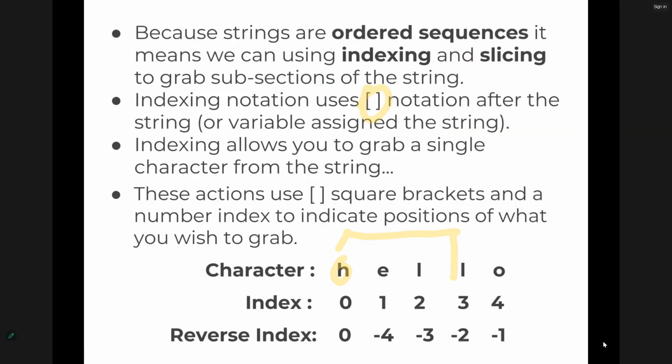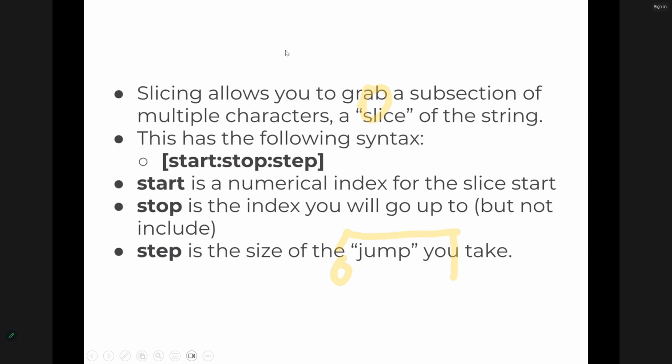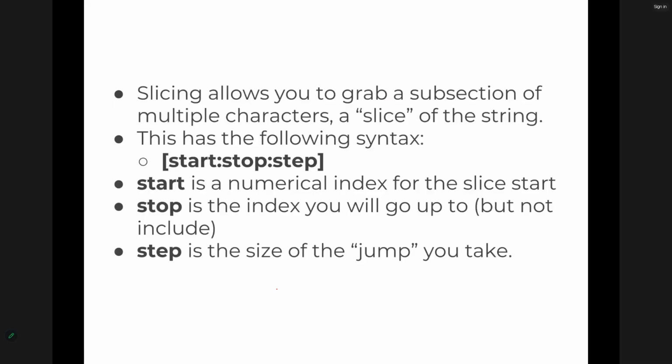There's another thing that I want to make clear. Slicing is a little bit different from indexing. Indexing means you are grabbing one letter by one letter. You have a word, and you index those letters: 0, 1, 2, 3, 4.